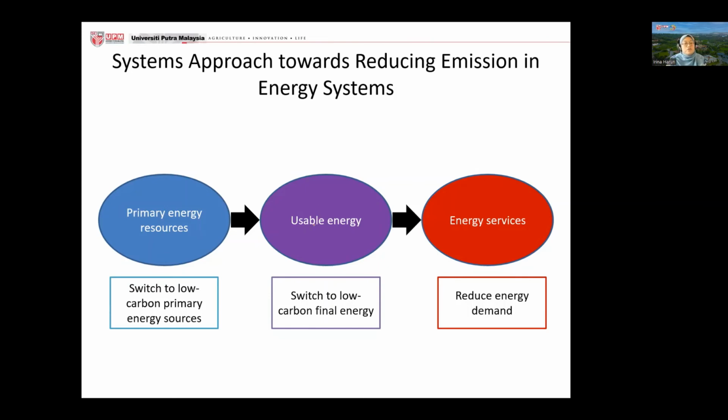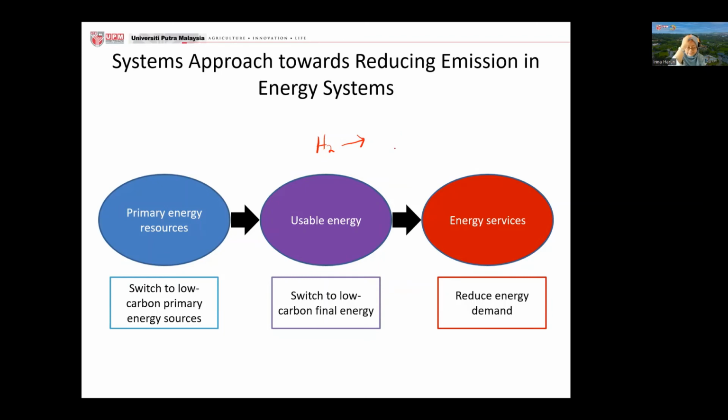In terms of usable energy, so electricity just now, you can switch to low carbon final energy. Things like hydrogen. Now, I'm not sure if you have heard about hydrogen. Hydrogen is a very, very clean fuel. You burn it and it only produces water and energy.